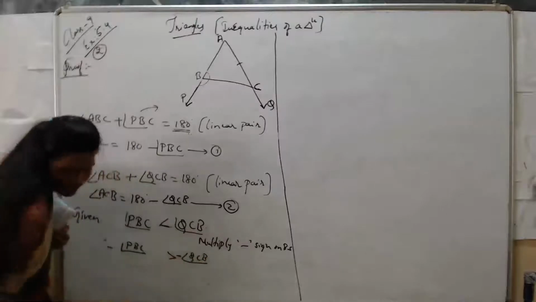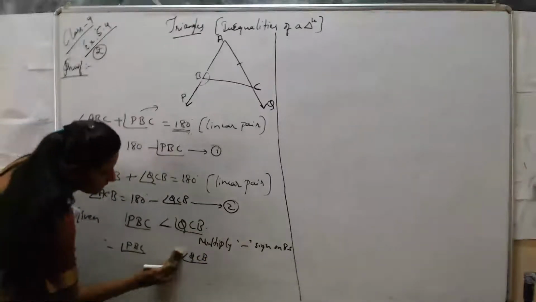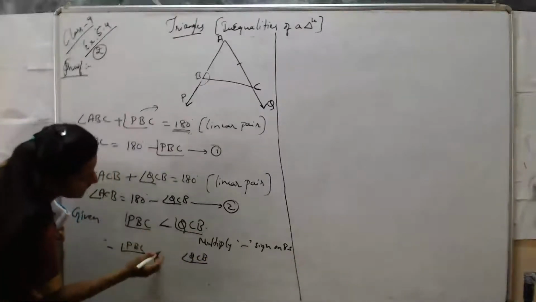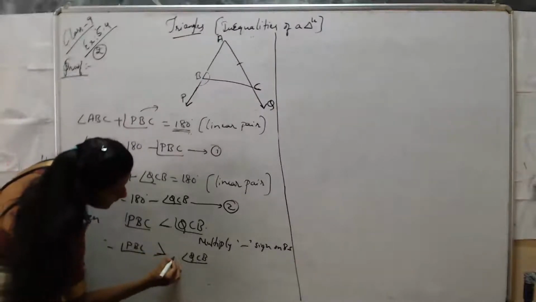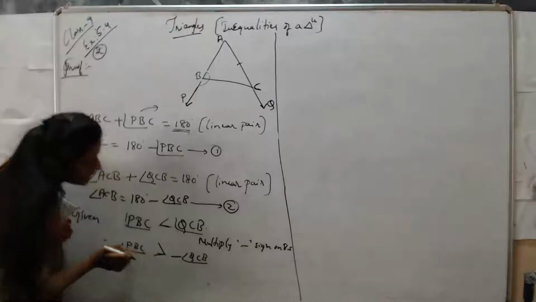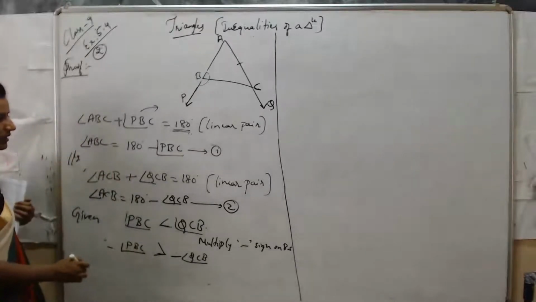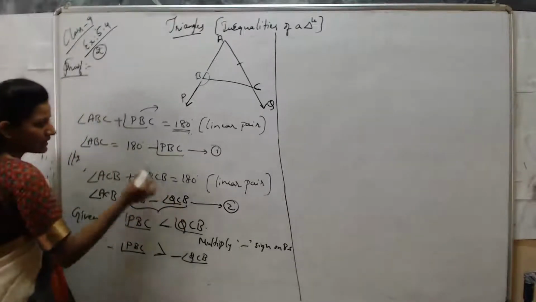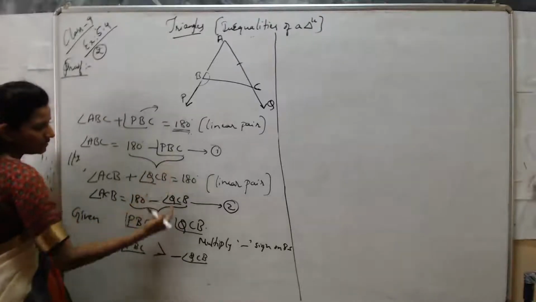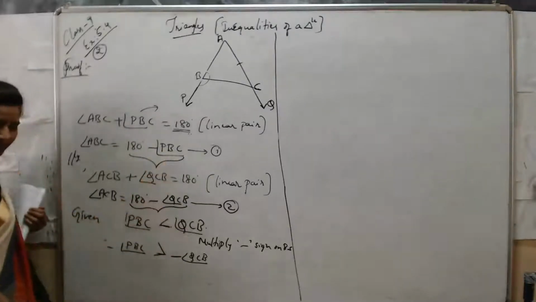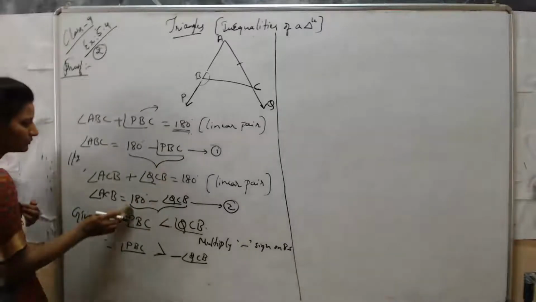Sorry, it is minus QCB. Therefore, less than becomes greater than. This becomes minus QCB. We multiply minus sign because we have to convert PBC and QCB into these two forms.